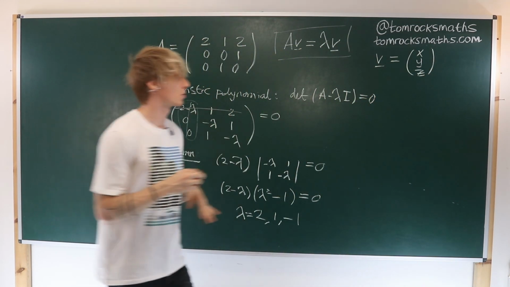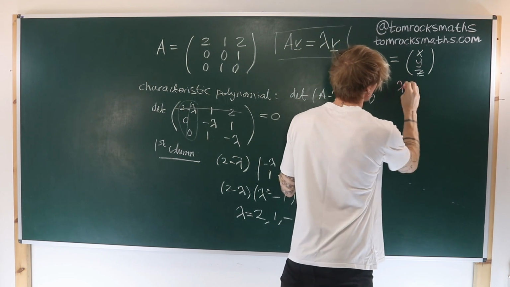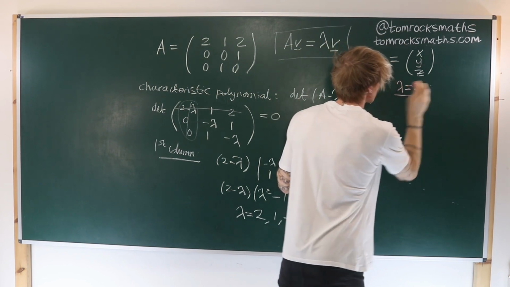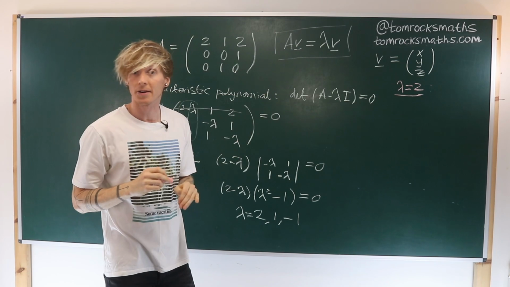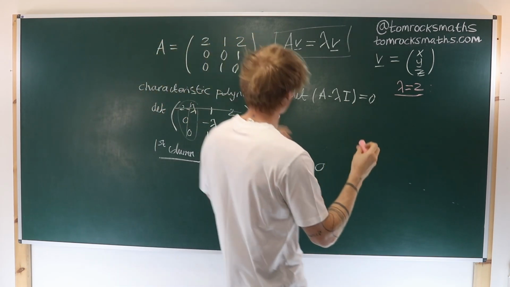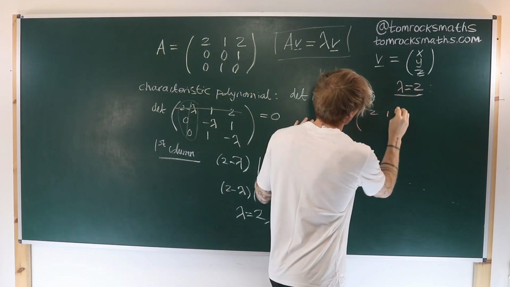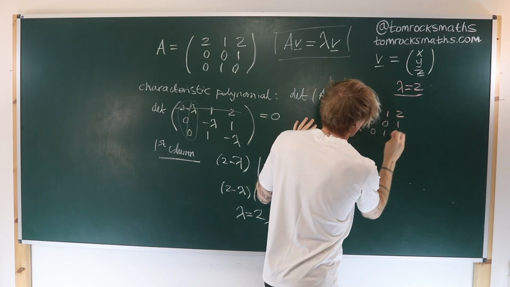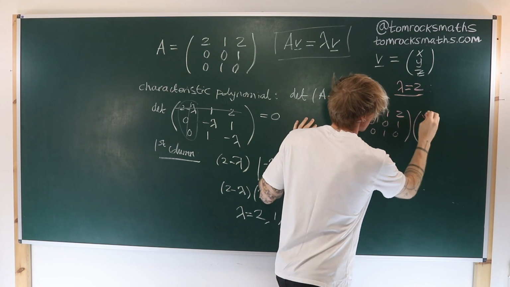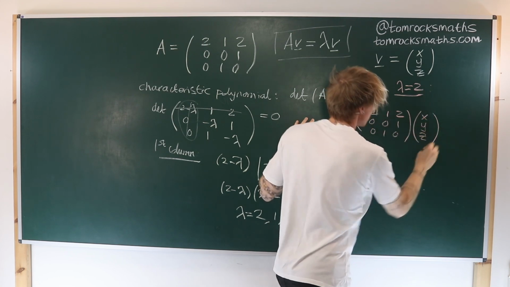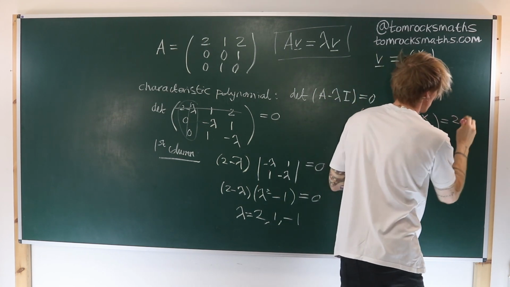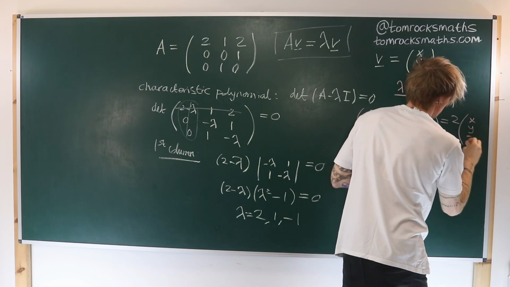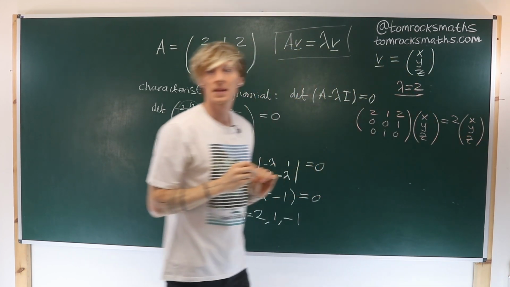Starting with lambda equals 2, we now substitute into our equation, and we have to solve the matrix (2, 1, 2; 0, 0, 1; 0, 1, 0) times (x, y, z) has to be equal to 2 lots of (x, y, z).